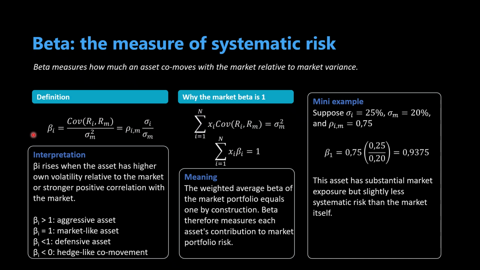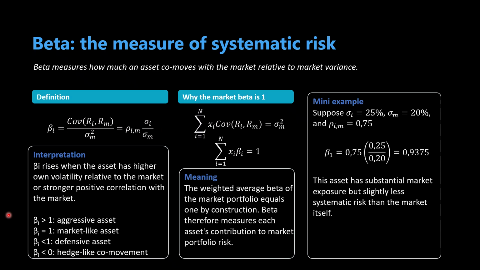Beta can also be calculated using the correlation between the asset return and market return using this formula. Beta is equal to the correlation coefficient between the two multiplied by the standard deviation of the individual return divided by the standard deviation of market return. You will frequently encounter this formula along your preparation journey.